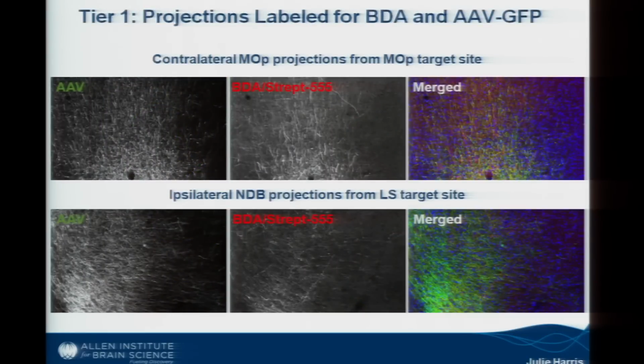And if you look at the target areas, the AAV-labeled axon fibers versus BDA-labeled axon fibers do not completely overlap on a single fiber level, but they are largely confined in the same area. And this is true for both examples shown here.